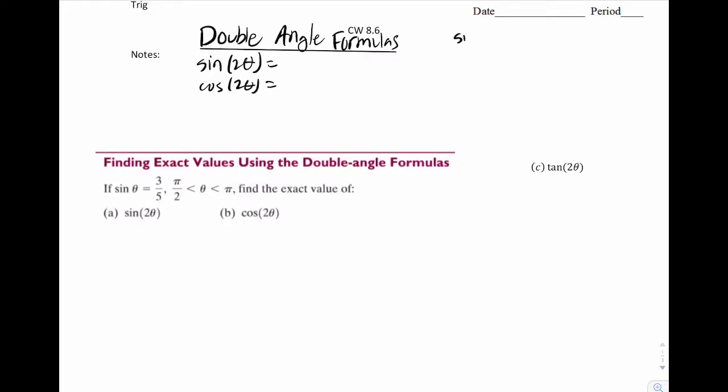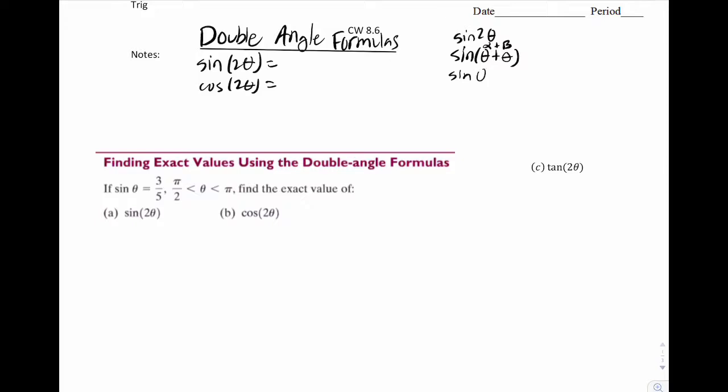If you think about sine of 2 theta, that's the same thing as saying sine of theta plus theta. Now what we're going to do is think of this as alpha and beta, like how we were working with our sum and difference formulas. So let's write that out.